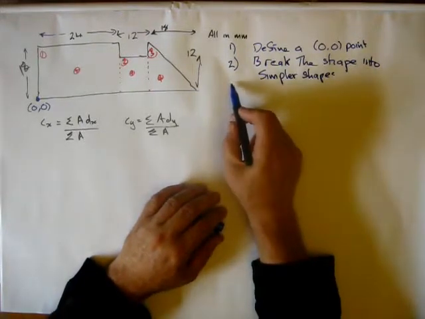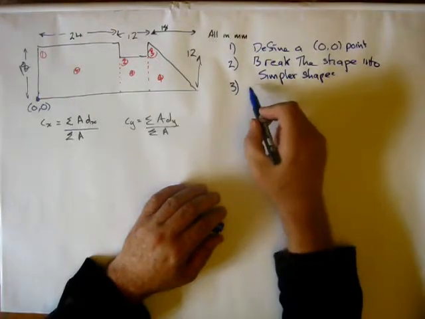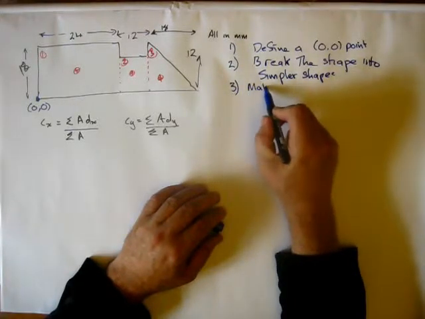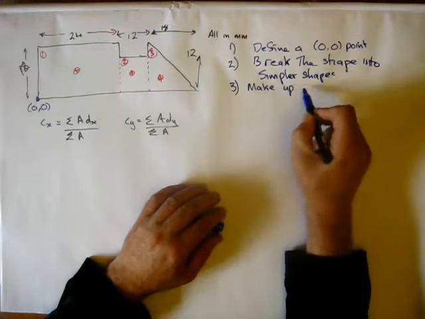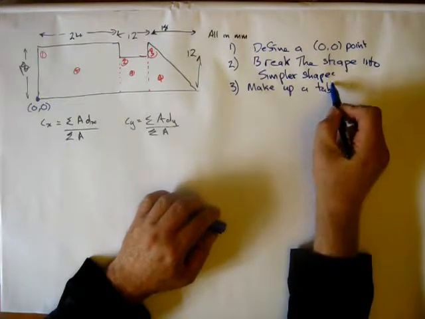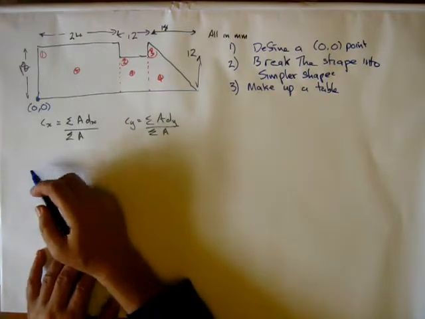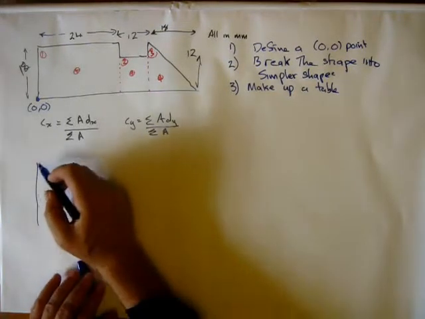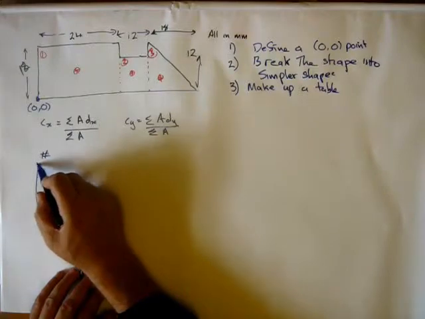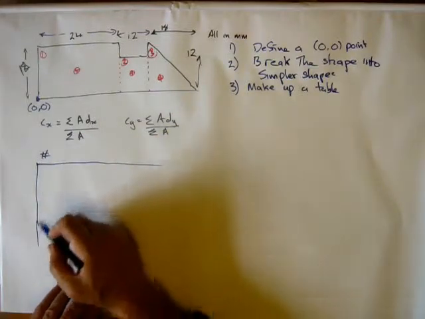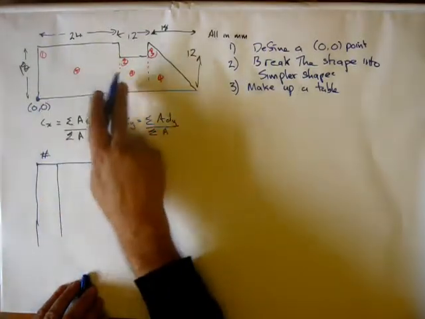Okay, and then step 3, we're going to make up a table. And this table is going to have quite a bit of information on it. Down here we're going to have the number of the shape. So we've got 1, 2, 3 shapes.